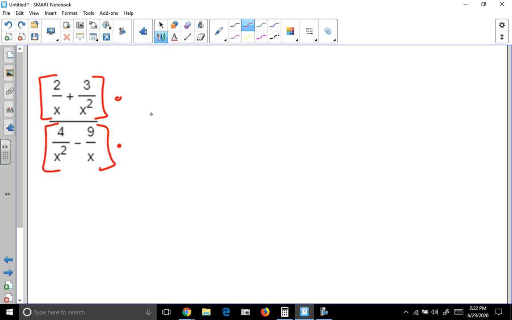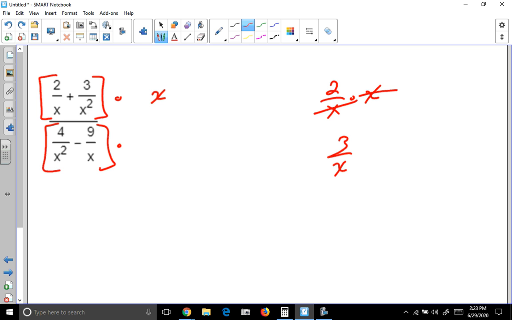So this is kind of like when we solved equations and we cleared fractions, except we're clearing fractions on top and bottom instead of on left and right. So if we look at all of our denominators, we ask ourselves, what can we multiply by that would clear every fraction? Well, if we only multiply by an x to the first, that would clear out a fraction like that.